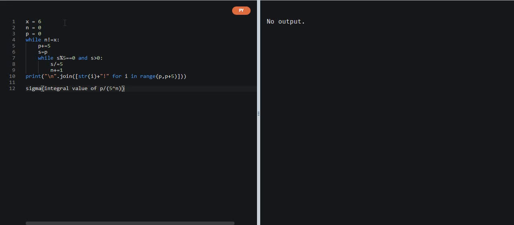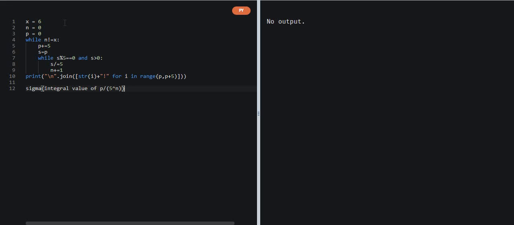Like if our p is 626, then after n becomes 4, 5 to the power 4 is 625. So when n becomes 5, 5 to the power 5 will become greater than 626. So our integral function will keep on adding 0 to that.